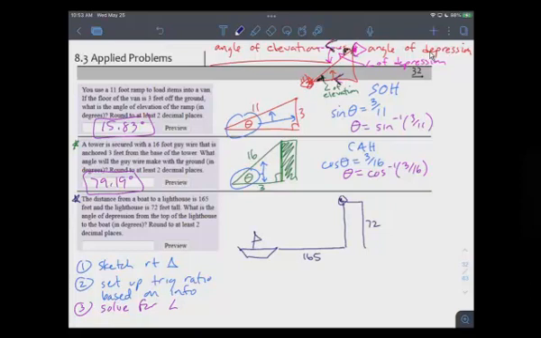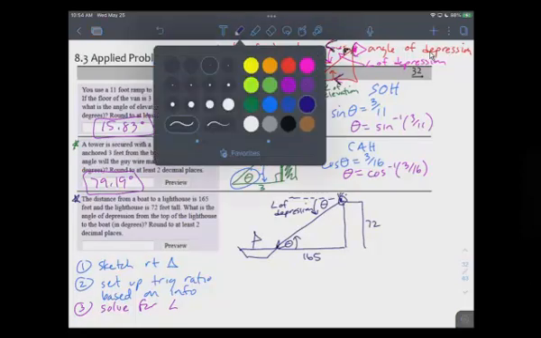That means that if you're looking from up here, straight across, and you rotate down to look at this boat, this is the angle of depression. And remember, that angle is exactly the same as the angle of elevation. So if we want to find this measure, we can simply find the corresponding angle of elevation, and that's going to give you the same measure.